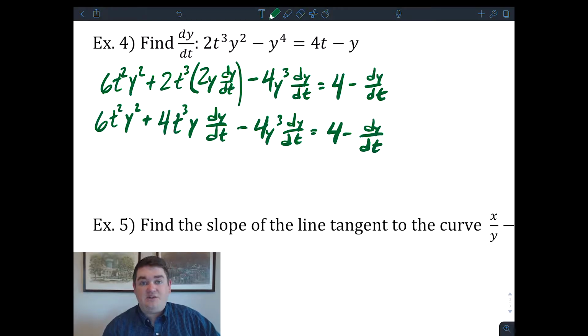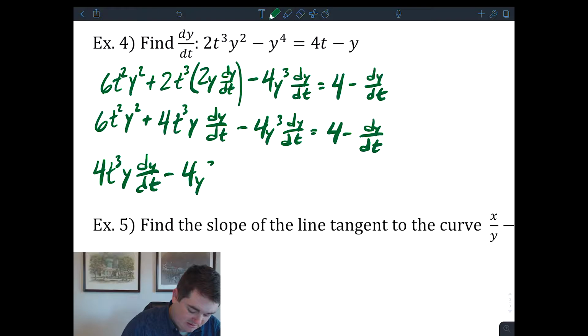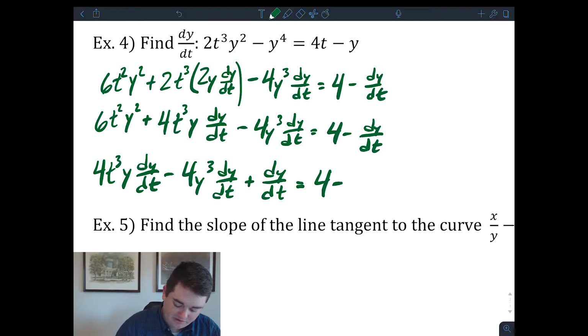So after taking a step to clean this up just a little bit, I can start collecting all my dy dt's on one side and sending everything else to the other side. So I'm going to have 4t cubed y times dy dt minus 4y cubed dy dt plus dy dt equals 4 minus 6t squared y squared.